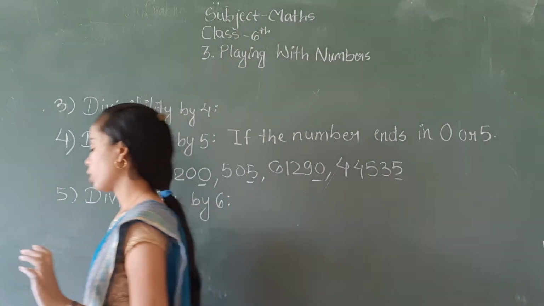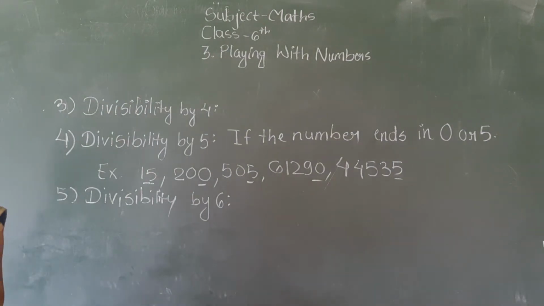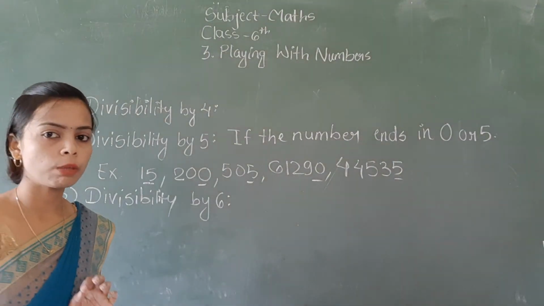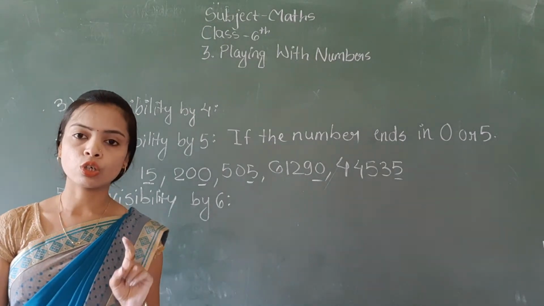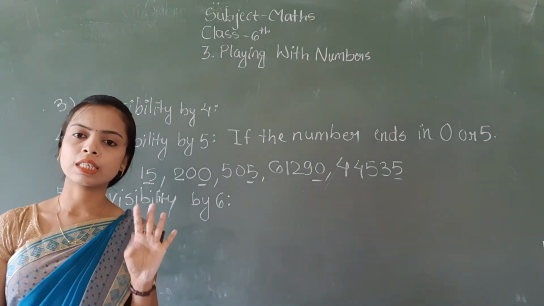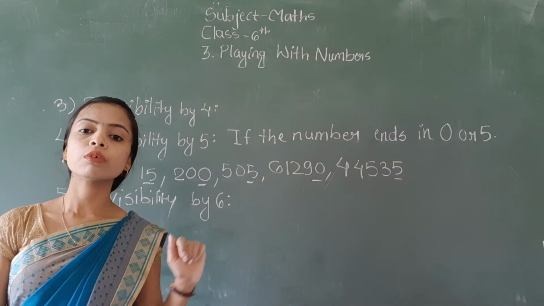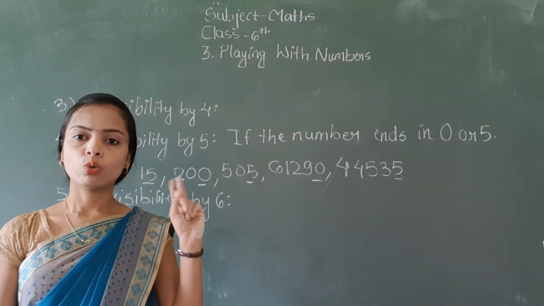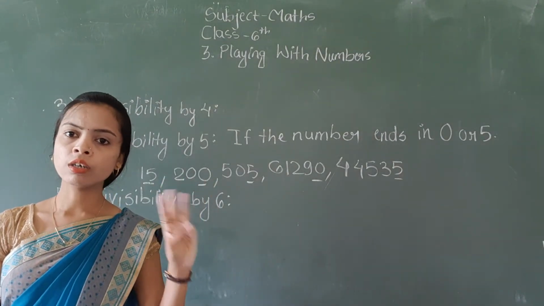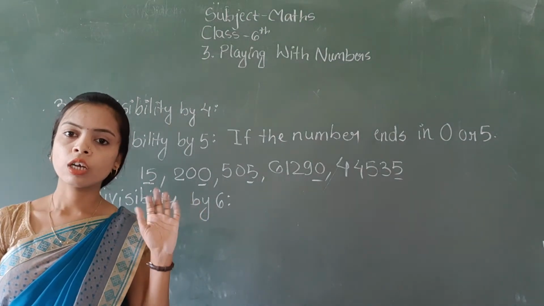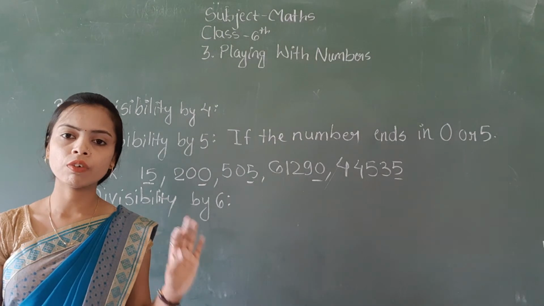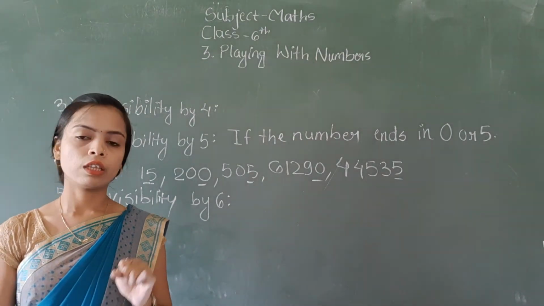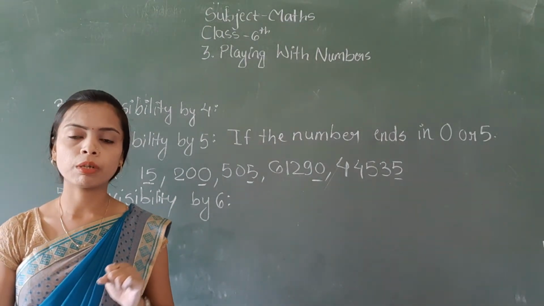So what is the divisibility of 2? If in the unit place of any number there is 0, 2, 4, 6, 8, okay, what are the numbers? 0, 2, 4, 6, 8. If any of these digits is in the unit place of a given number, we can say that the number is completely divisible by 2.